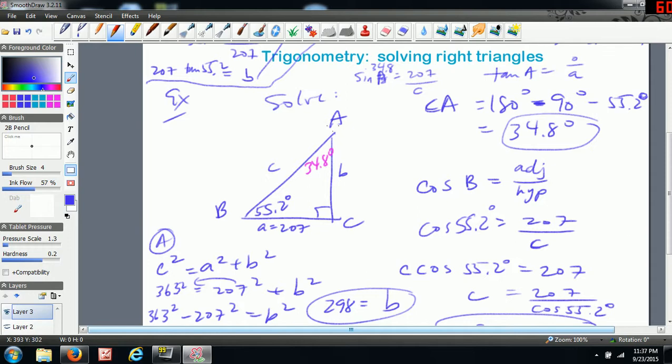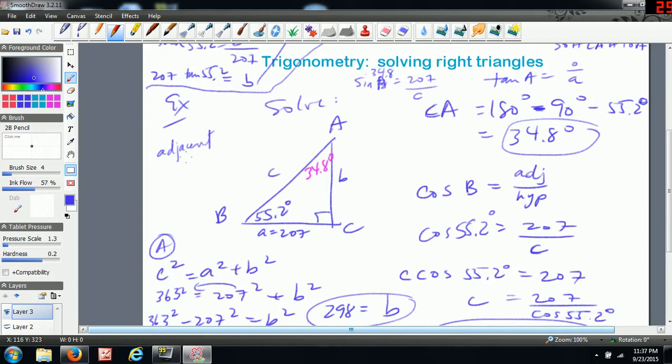If I did tan of A, I would get opposite over adjacent. So this side is adjacent to angle A. Adjacent means beside. Sorry, I didn't mention that before. So when they say adjacent, that just means beside, okay?